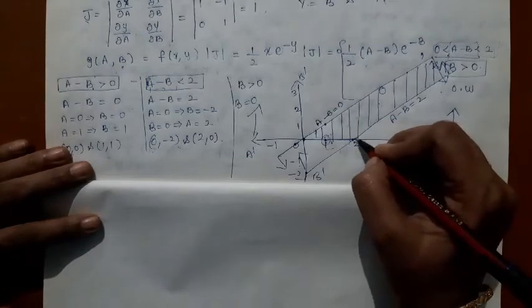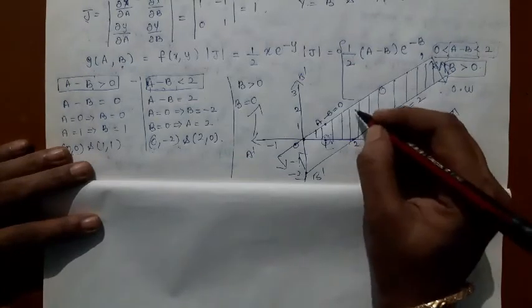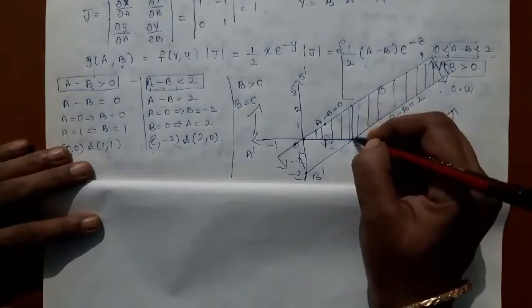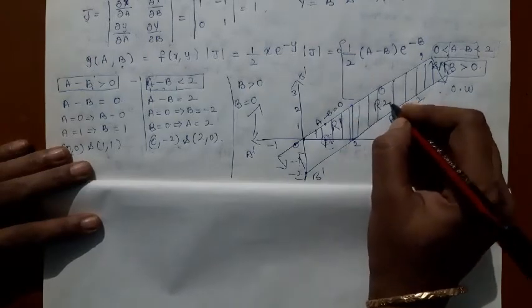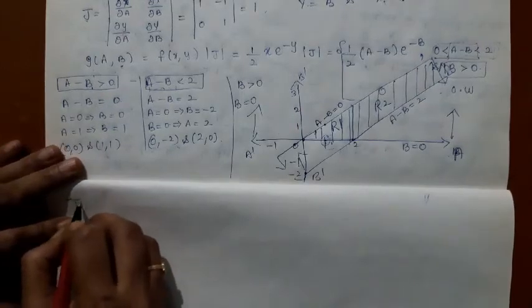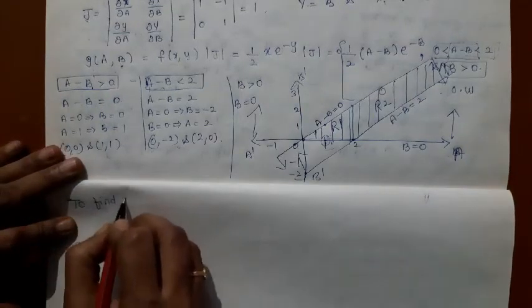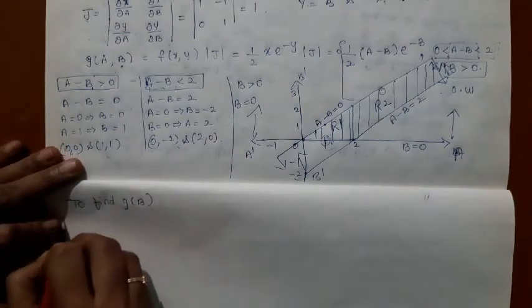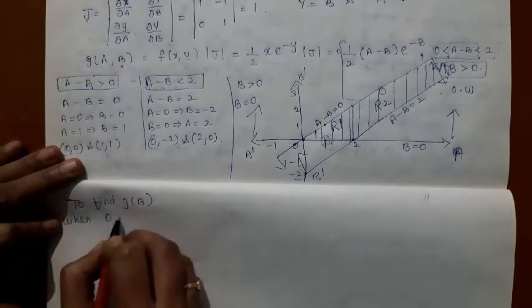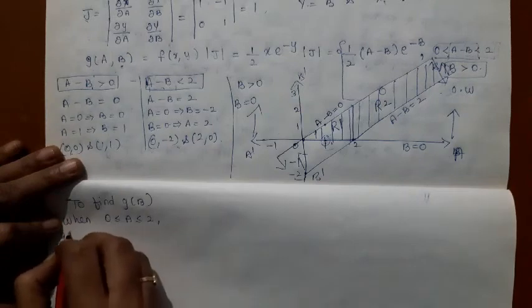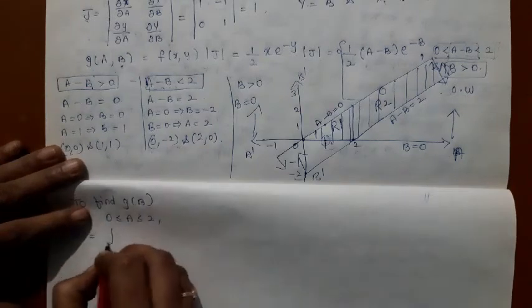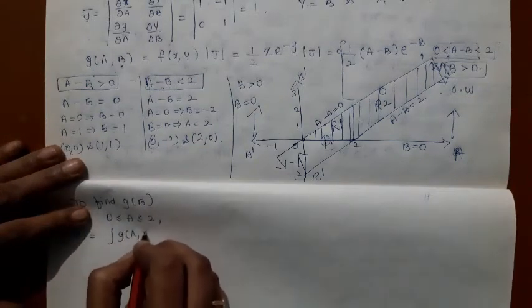But after this, you should integrate from this line to this line. There is a change. So I call this my first region and this my second region. So to find g of a, when a is from 0 to 2, what should you do? G of a is equal to the integral of g of a comma b.